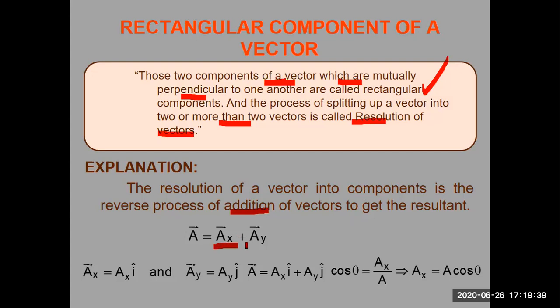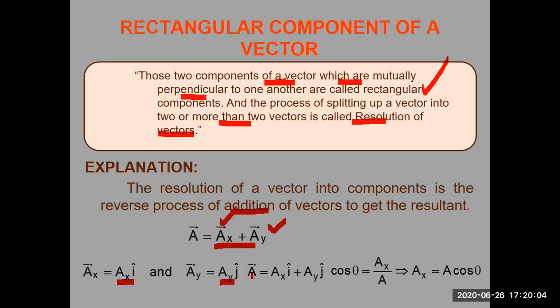Here, if it is a vector A, you have split this vector into a horizontal component Ax and a vertical component Ay. Along the x-axis the unit vector is i, so it is written as Ax i. Along the y-axis the unit vector is j, and it is written as Ay j.